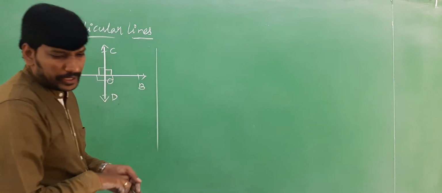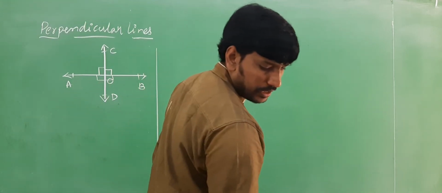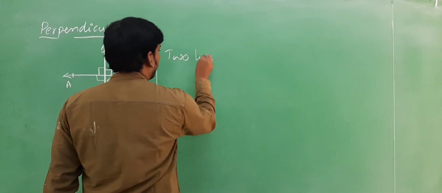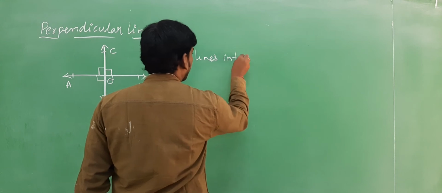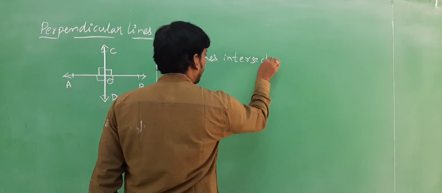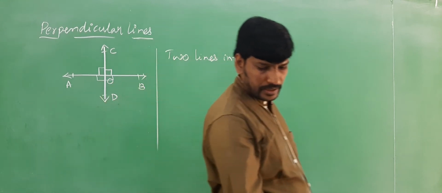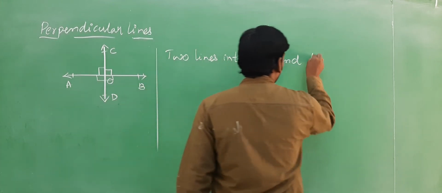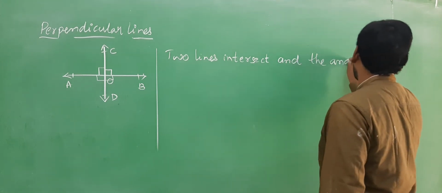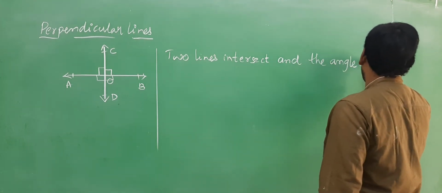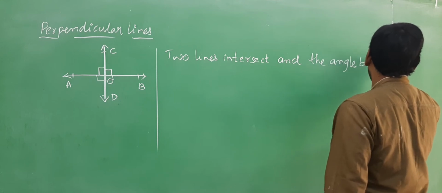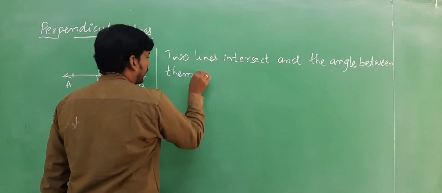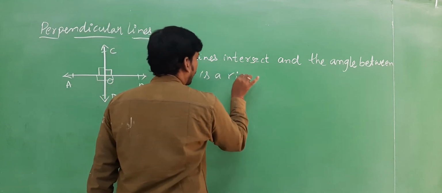The definition is right. Two lines intersect and the angle between them is a right angle.